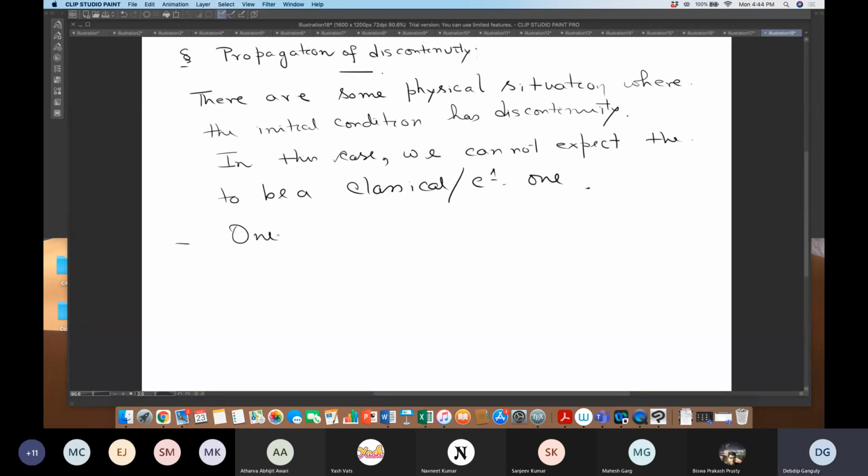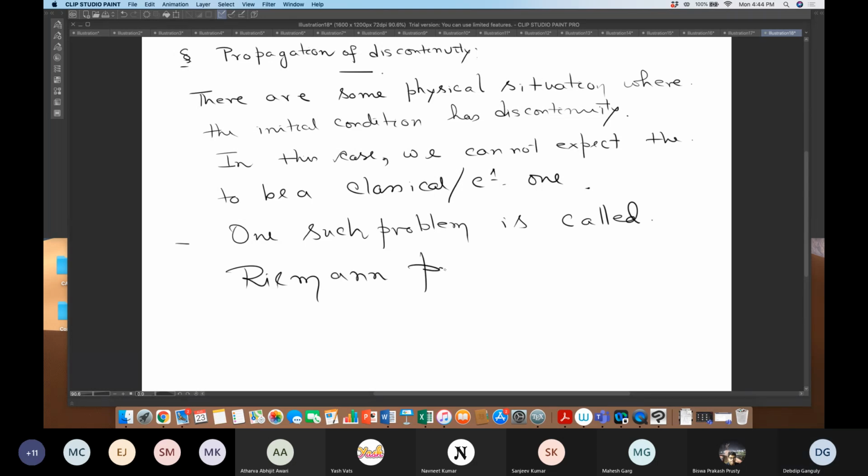One such problem, just to take a particular example, is called the Riemann problem. What is the Riemann problem?